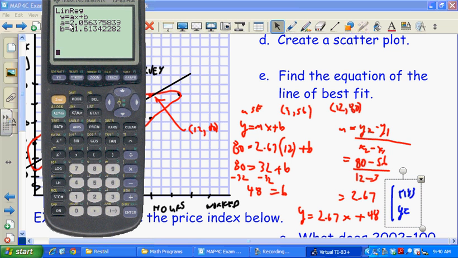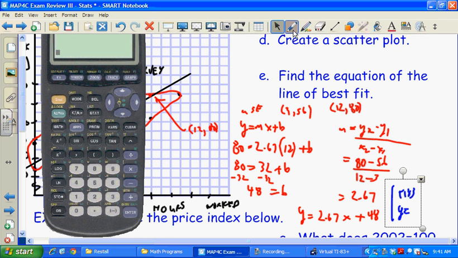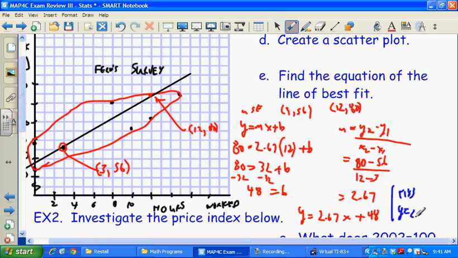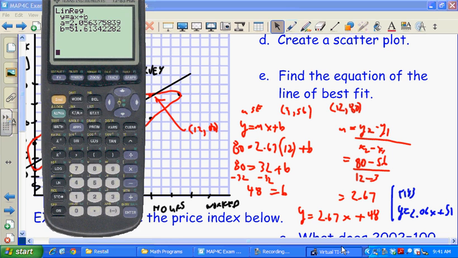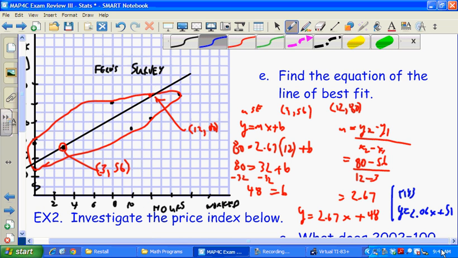So y equals 2.06x plus 51 it was. 51.6. Almost 52. So we were pretty close.